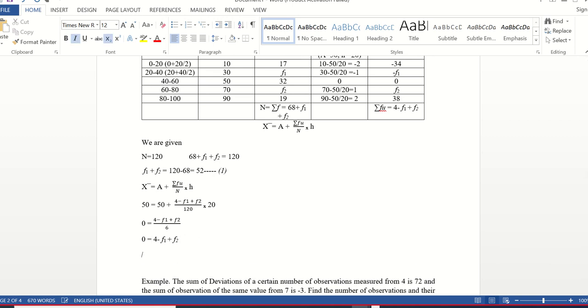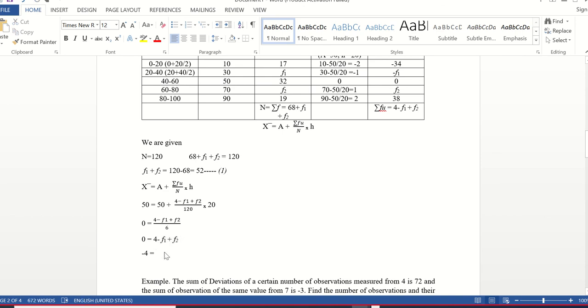Now again this 4 will come to the left hand side, so it will become minus 4 equals minus f1 plus f2, right?